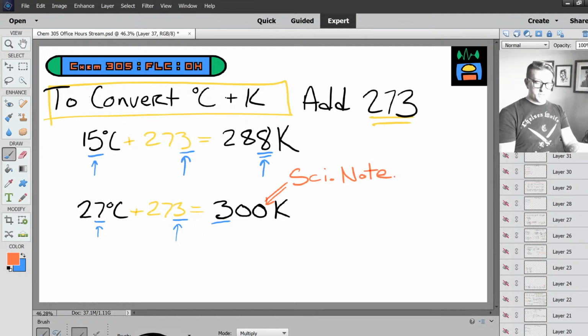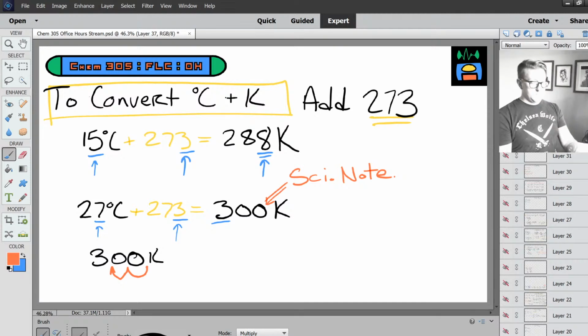All right, scientific notation. To write 300 in scientific notation, you take the decimal and you bounce it till it's right behind the first sig fig in the number. So we're going to write this as 3, and now we need to add 0.00.